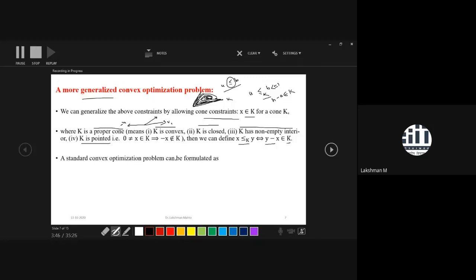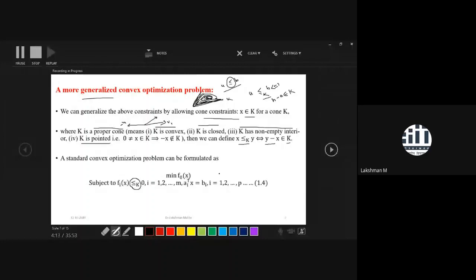So a standard convex optimization problem with respect to this generalized inequality, we can formulate this way. Here we have changed the inequality to a generalized inequality. That is the only change. You will see this kind of problem when you are solving matrix factorization kind of problems, when your feasible set contains matrices, semi-definite matrices.